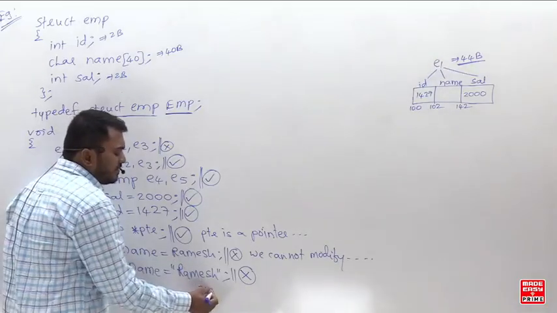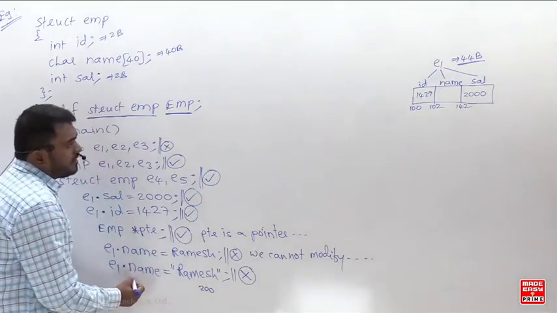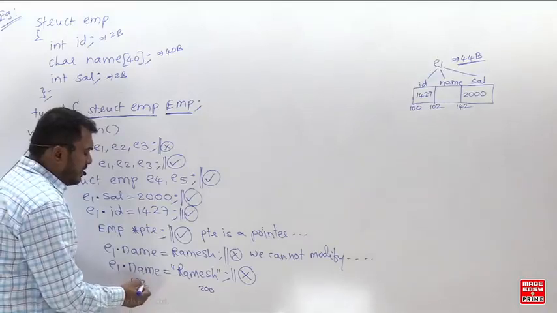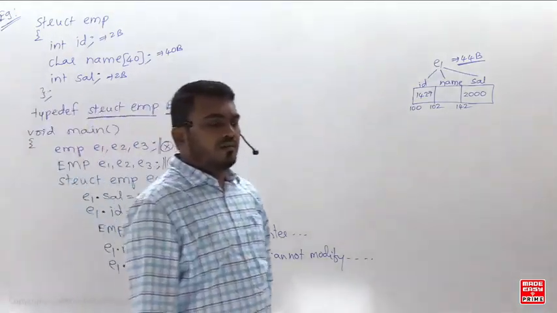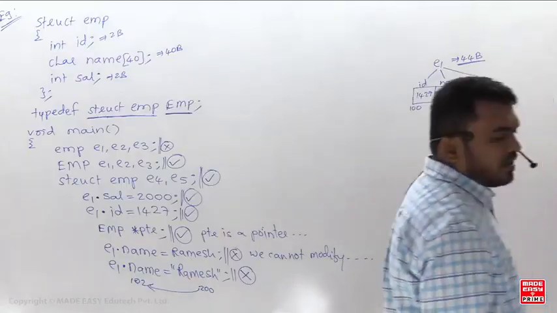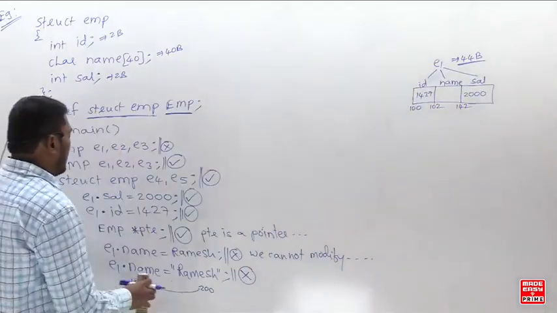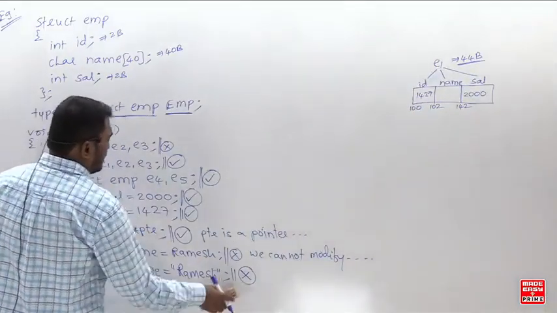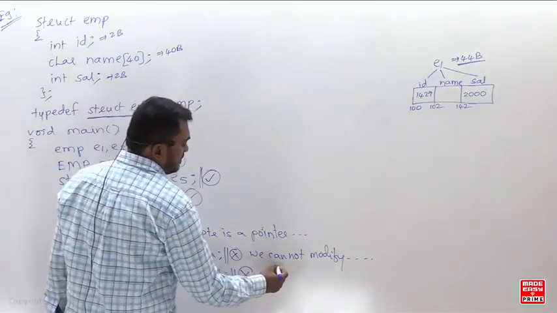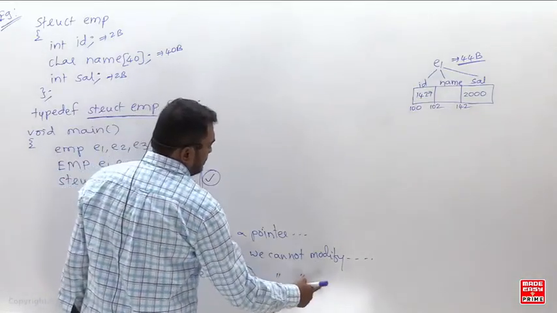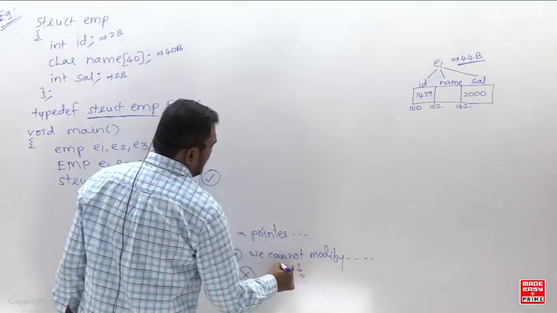Let's say this has some base address 200, and this has base address 102, and you are trying to modify the constant base address. That is not allowed. So remember, this is also strictly not allowed. And what is the reason here? Same reason. We cannot modify constant base address.